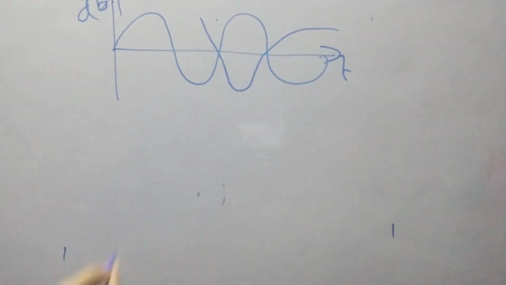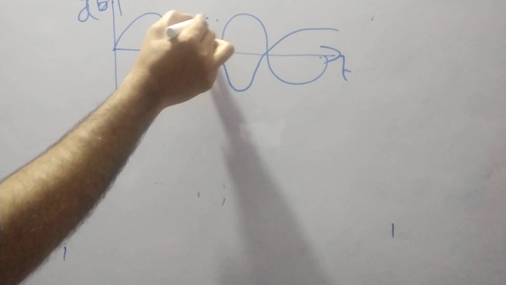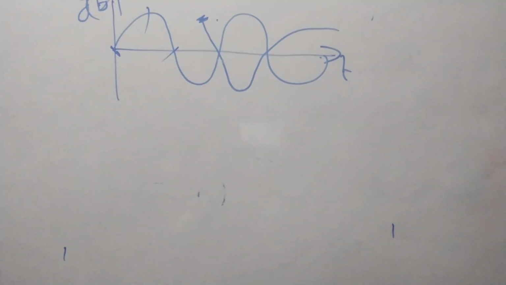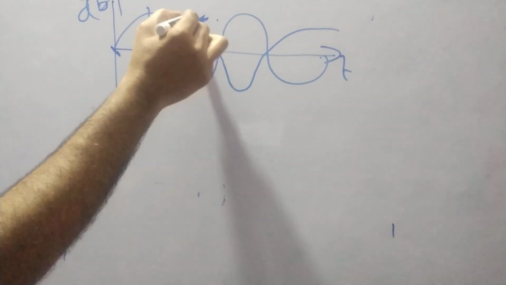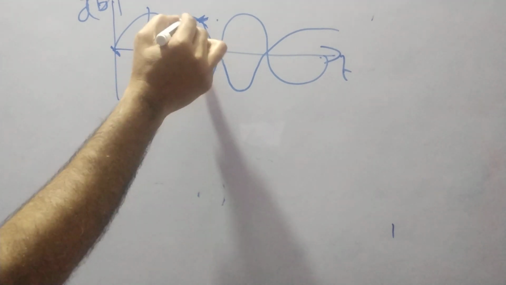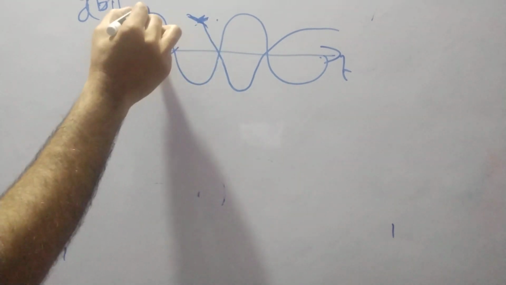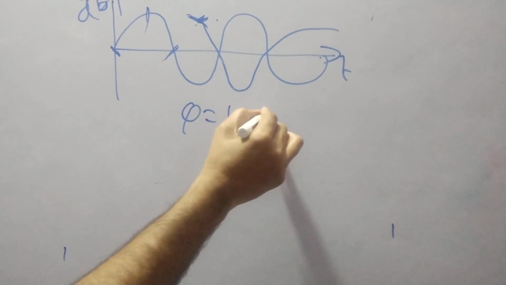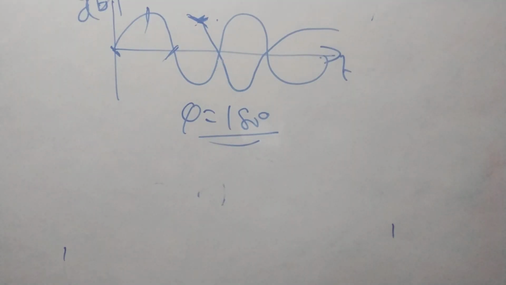Your curve is starting here, not here. So this is 90, and this is 180 degrees. So at 180 degrees the curve is starting, which means after 180 the curve starts. So your phase difference is 180 degrees. So where the second curve starts, that is the phase difference, right?